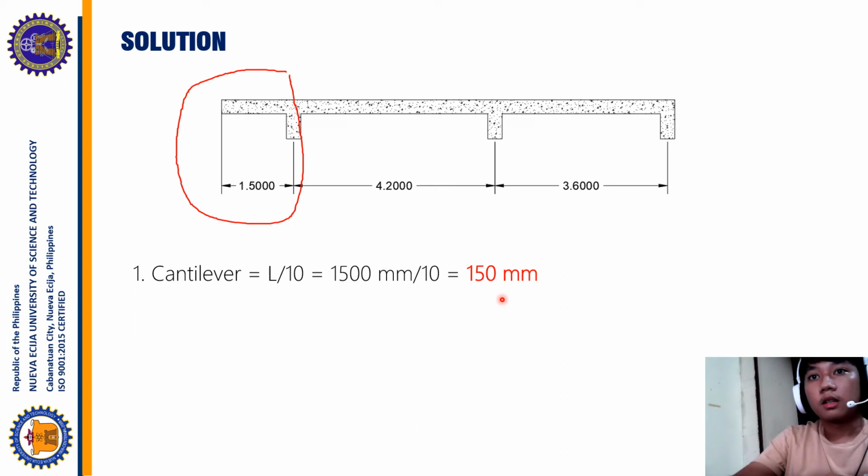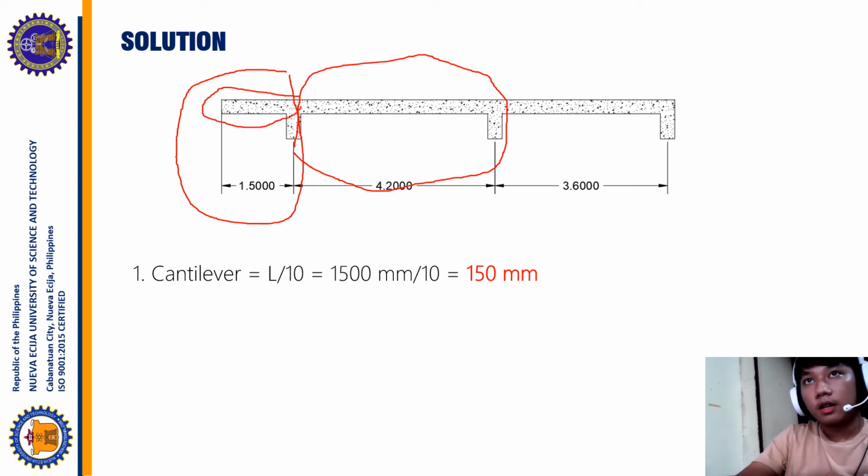For the next one, we can see here that both ends are continuous. How did I say that? We can see here that the end over here is continuous since it still has a beam or a slab over here. So therefore, we can say that both ends of this one are continuous.